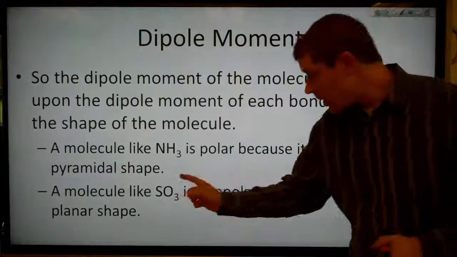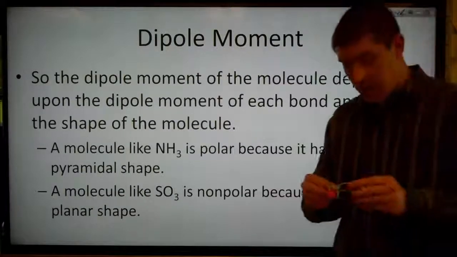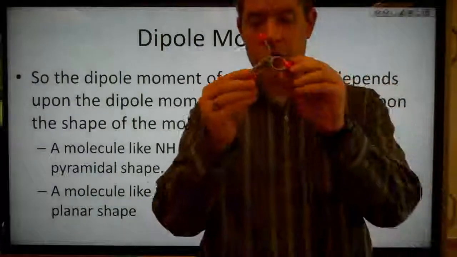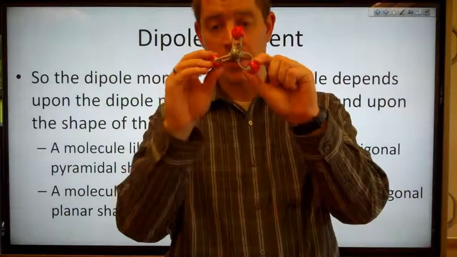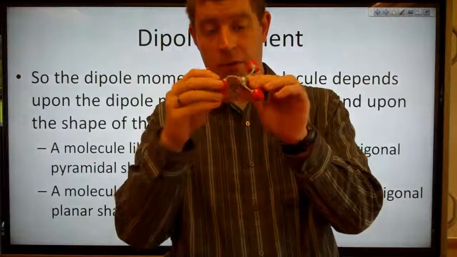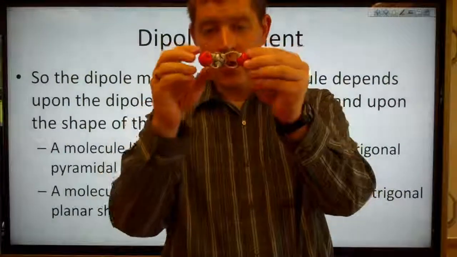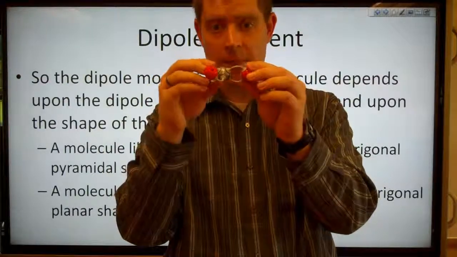But another molecule like SO3, sulfur trioxide, is nonpolar, because in this case we have a structure that looks something like this. We've got a sulfur atom in the middle and 3 oxygen atoms around it. Each oxygen atom is doubly bonded to the sulfur, and that means that the whole structure has a trigonal planar geometry. It's flat.